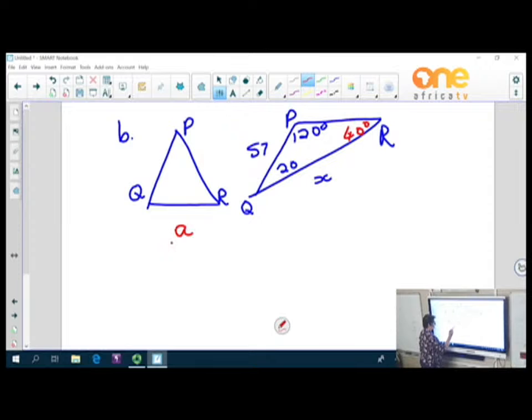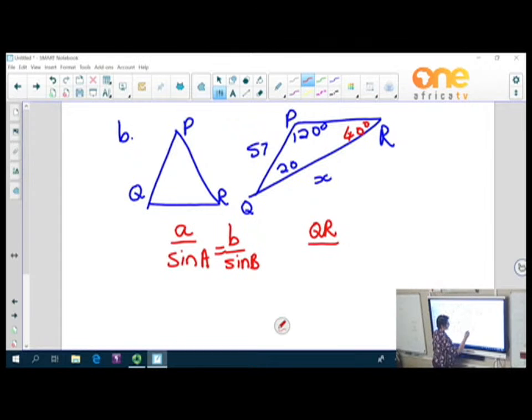Remember that the sine rule says a over sine A is equal to b over sine B. So we want to calculate X or QR, and we put that one in the left-hand top.